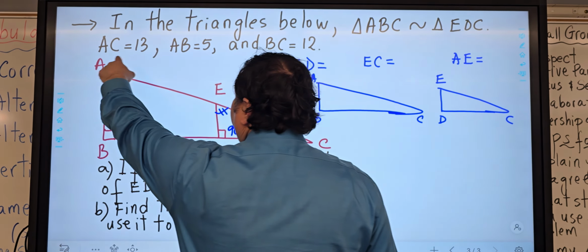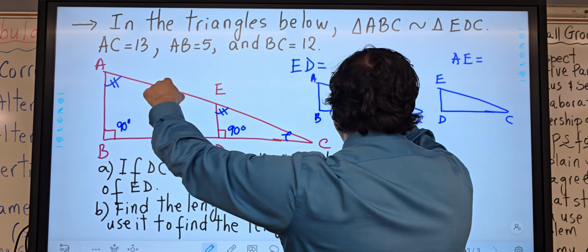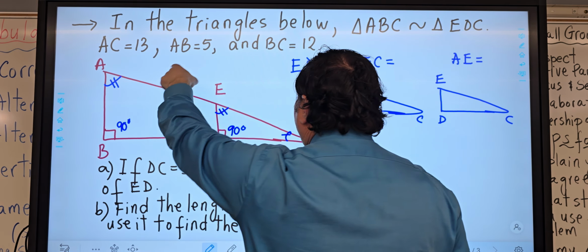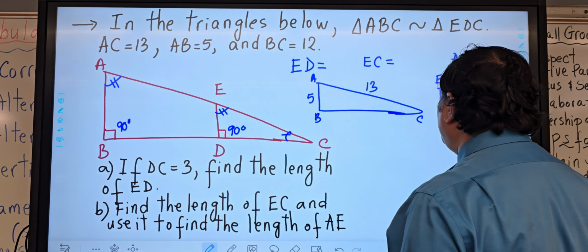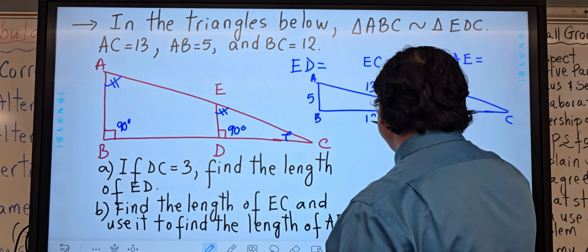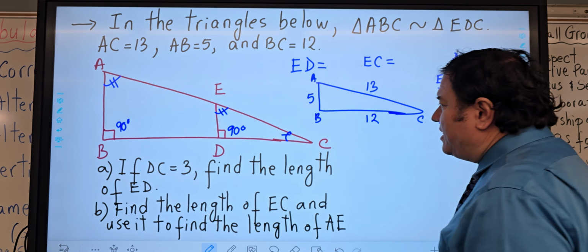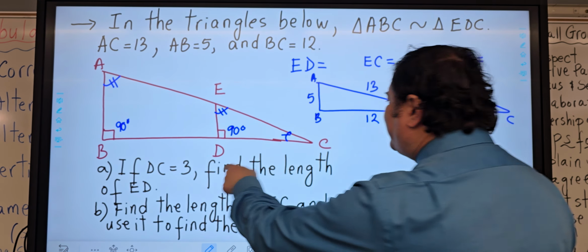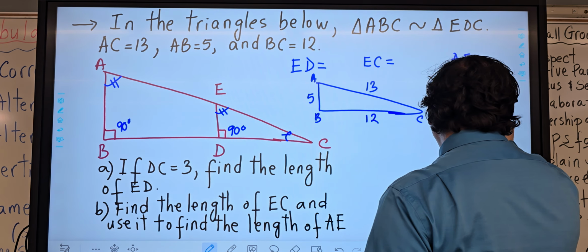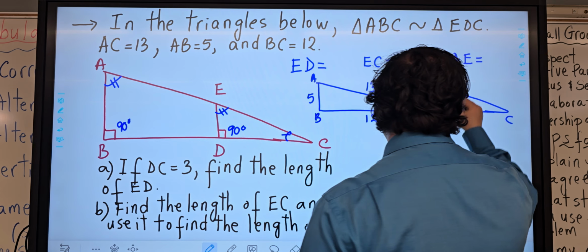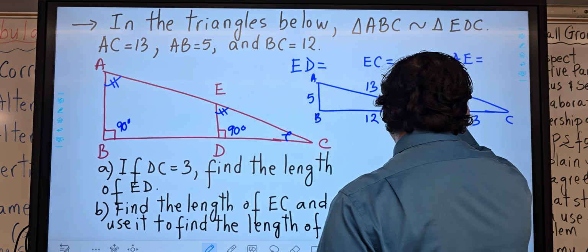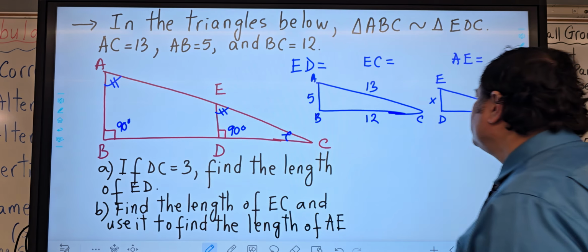AC equals 13, AB equals 5, BC equals 12. And then it says, if DC equals 3, let's find ED. Let's call ED x.